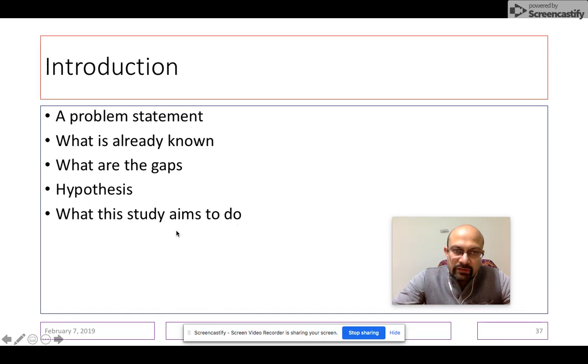So your introduction should end by describing what are the aims of your study. If a reader wants to find out what are the aims of your study, he does not need to read all of it because it's a standard format. He will directly be pulled to the last paragraph of your introduction, and by reading that, he should come to know what are the aims and objectives of your study.